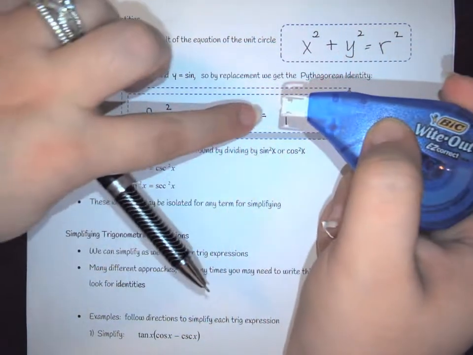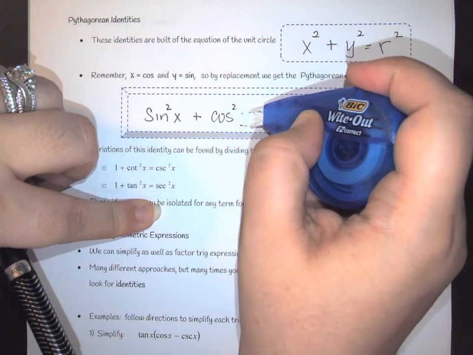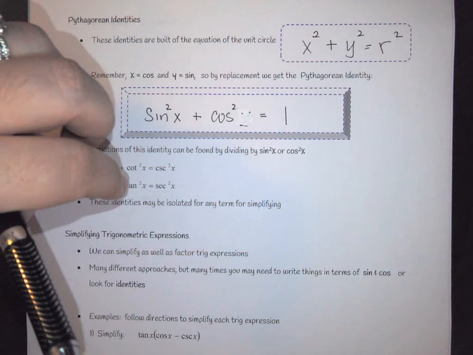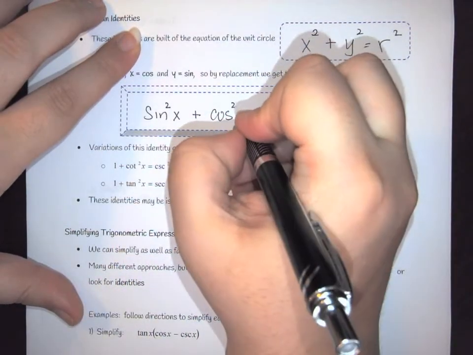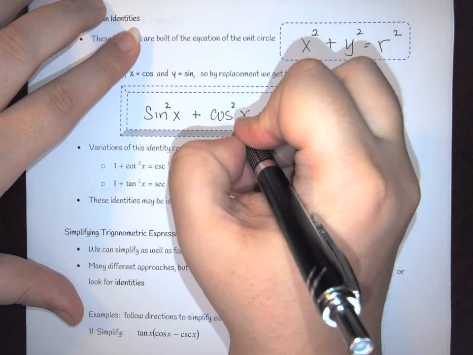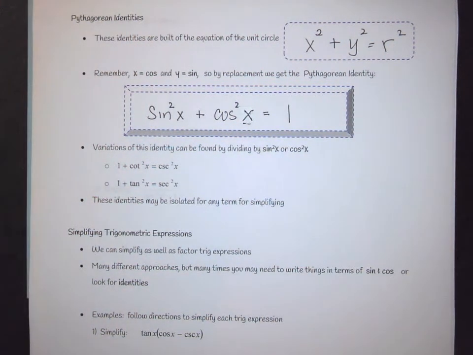I would be a little bit confused if I saw the scribbles. So again, here this should be squared of x. Okay, so sine squared plus cosine squared equals 1. And the reason for that is because the radius of your unit circle is always and forever going to be 1.